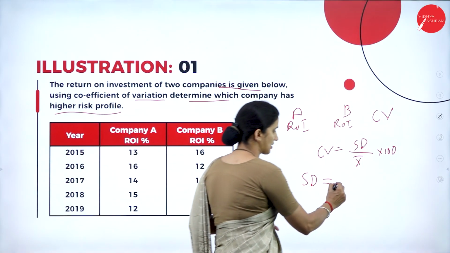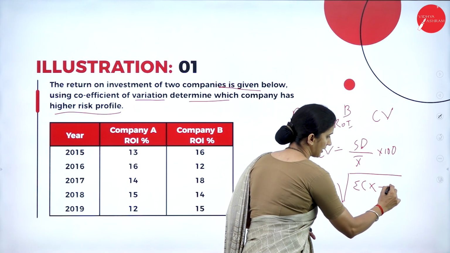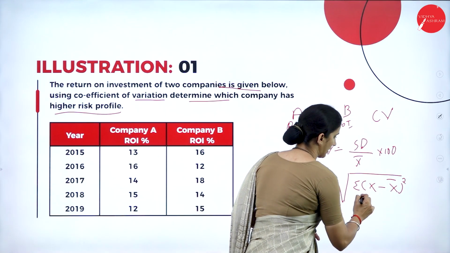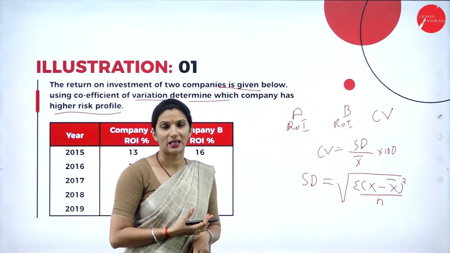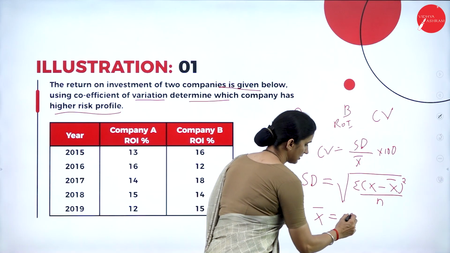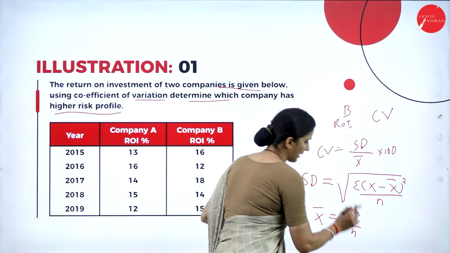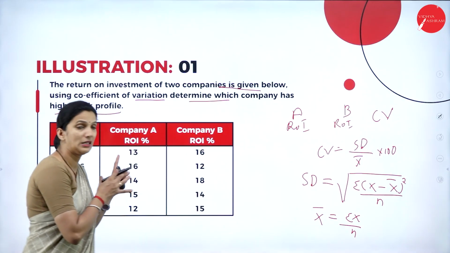So your standard deviation formula is root of sigma into x minus x bar whole square divided by n. Now what is x bar? x bar is sigma x divided by n. These are the formulas that we need to know to solve this problem.